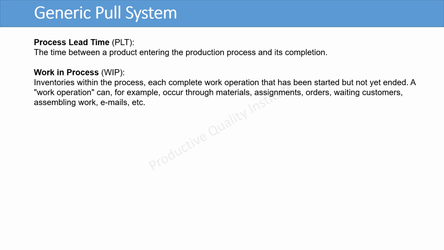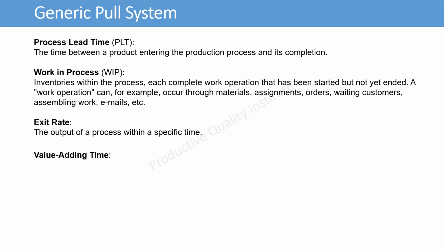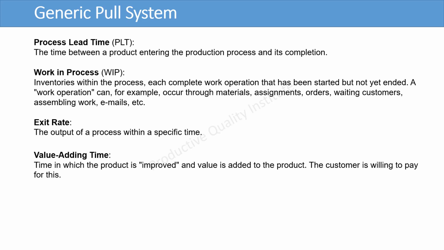A work operation can, for example, occur through materials, assignments, orders, waiting customers, assembling work, emails, etc. Exit rate: the output of a process within a specific time. Value add time: time in which the product is improved and value is added to the product. The customer is willing to pay for this.